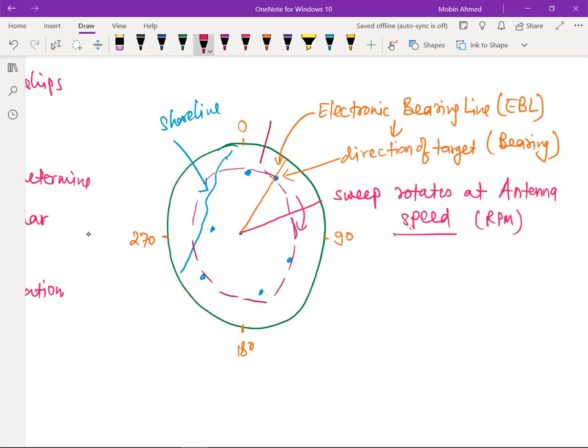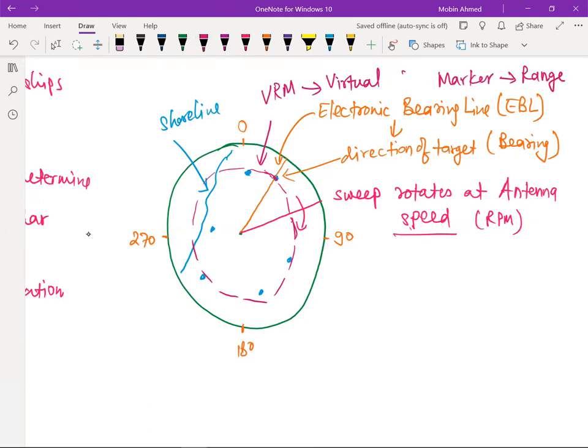This ring is known as a VRM, virtual ring marker. So this ring, wherever we align it with the target, it is going to tell us the range.